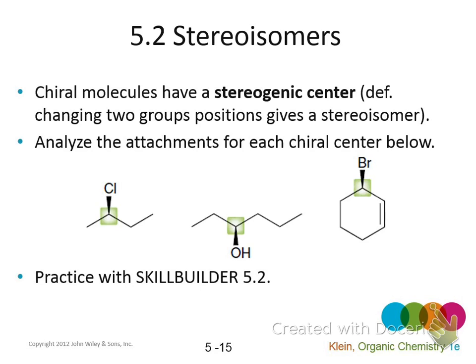So I'm helping you out. I highlighted, or they highlighted, the stereocenter. And then for each one, we will draw its enantiomer. So on the molecule on the far left, what are the 4 groups? Chlorine.